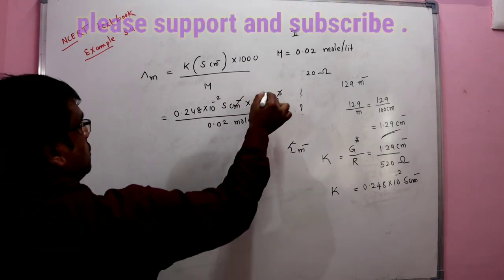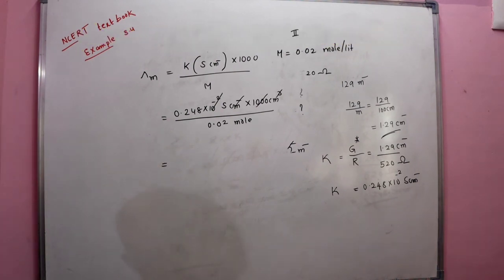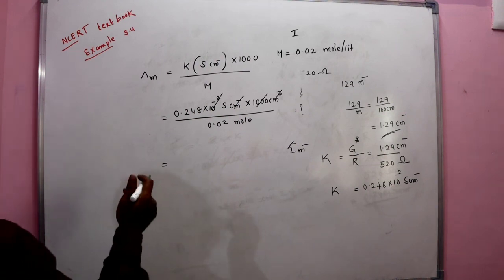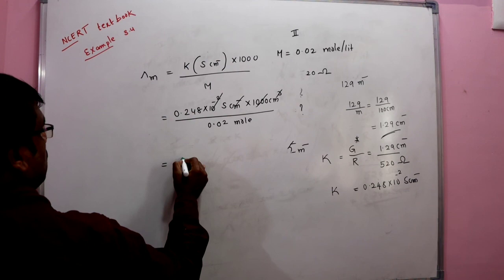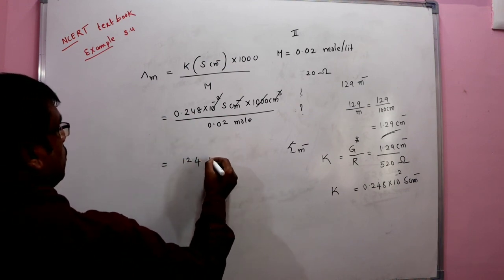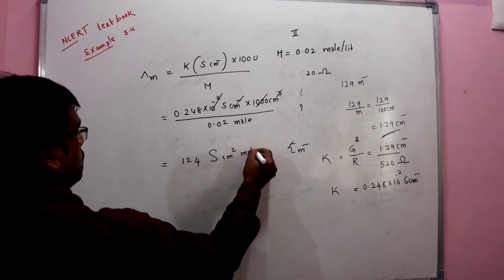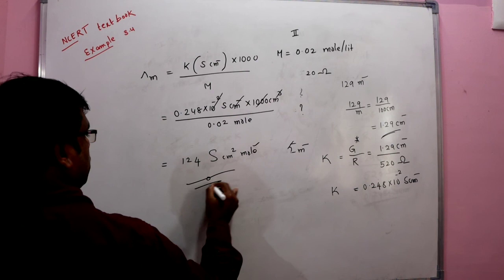After simplification, what will we get? The answer is 124 Siemens centimeter square mole inverse. This is the answer for this question.